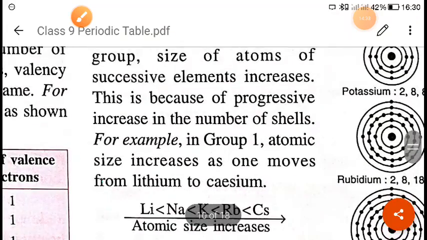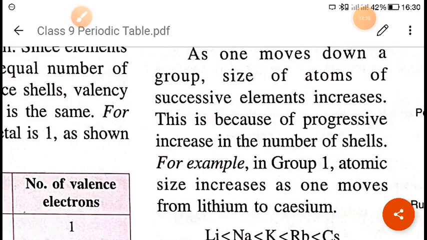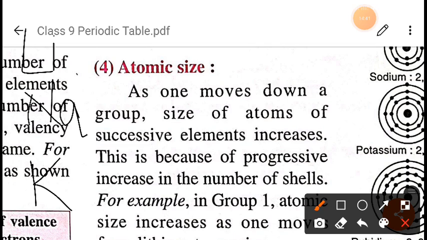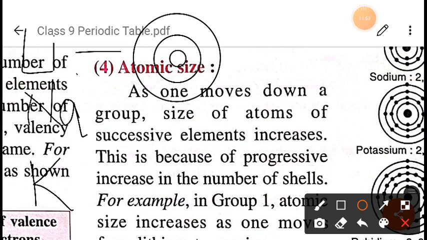So for example, when we talk about lithium, sodium or potassium: for lithium, the structure was like this.